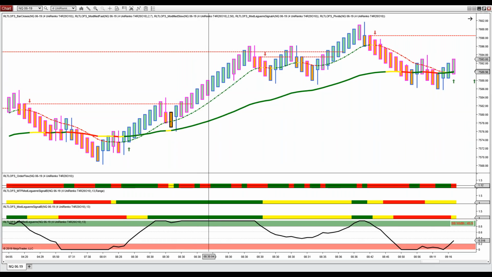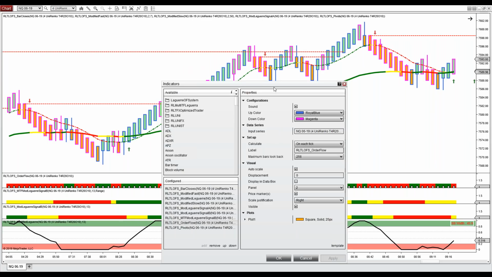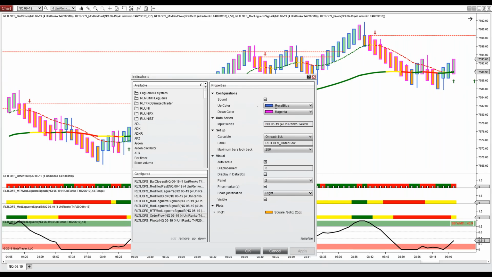Now, if you open up the order flow indicator, you can see that I have elected to surround my candles royal blue if I have up order flow, and magenta if I have down order flow. You can make it any color you like, and you can make the candle thickness any color you like.